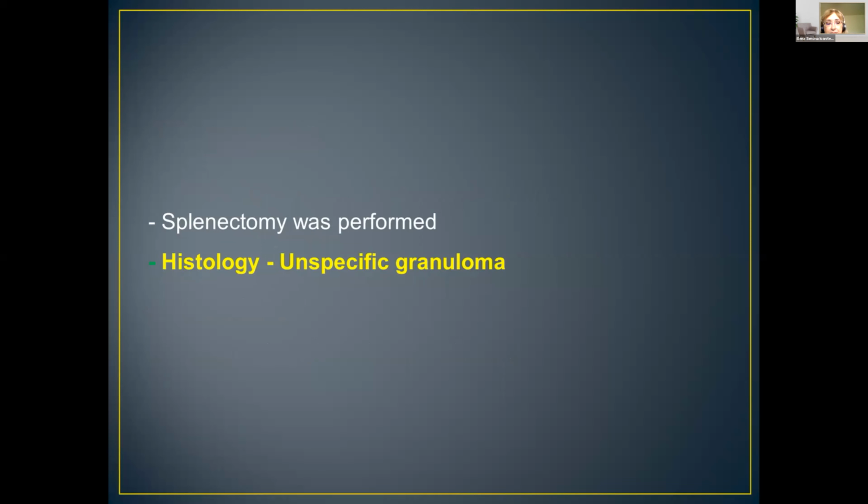Turning to the guidelines, we can say it was an asymptomatic lesion in an asymptomatic patient, which could be benign, but there was the risk of it being malignant, so we preferred to perform a splenectomy.